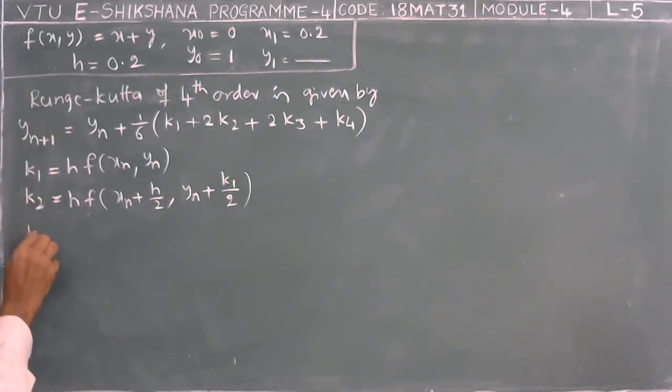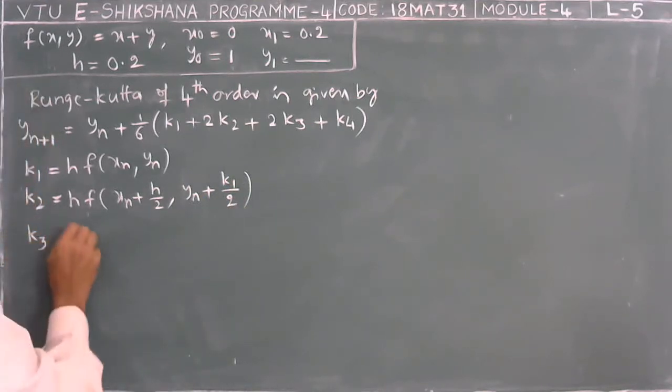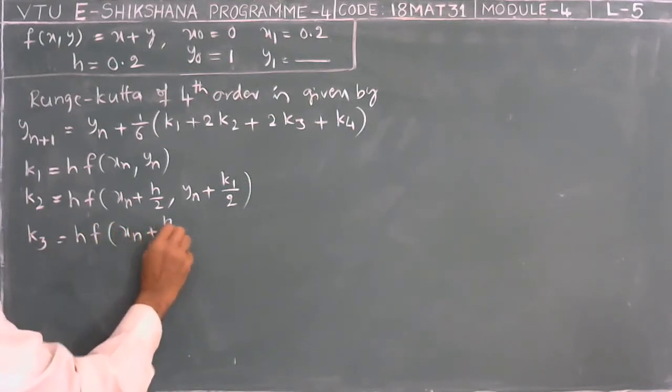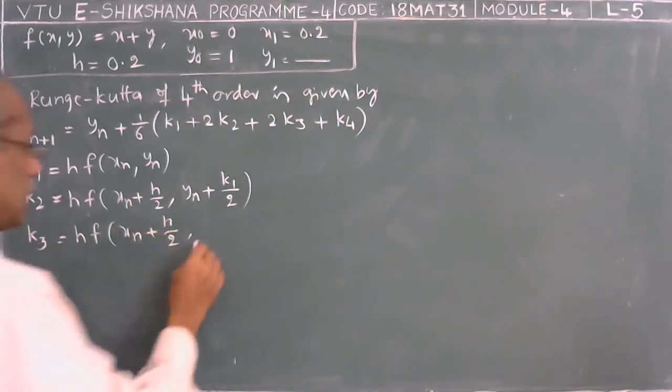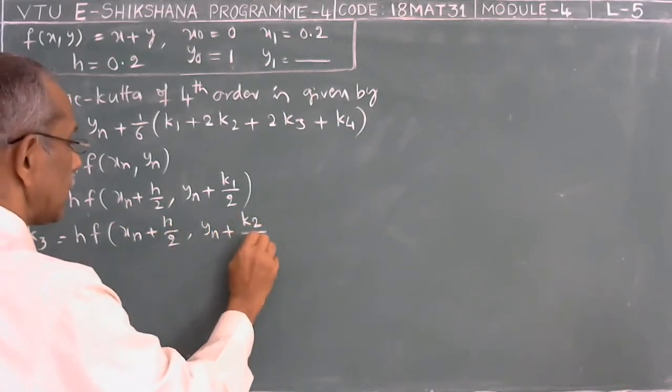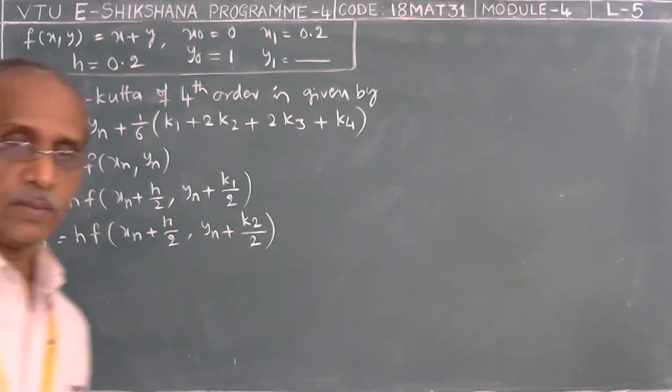Then k3 is h into f of xn plus h by 2 comma yn plus k2 divided by 2.